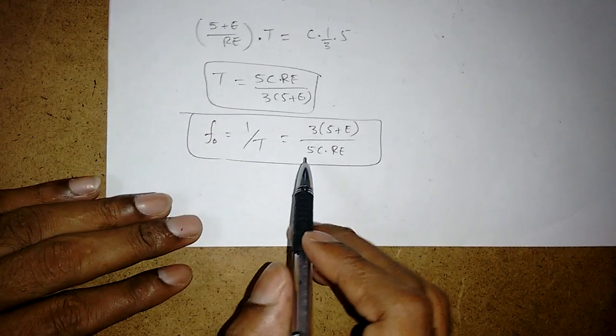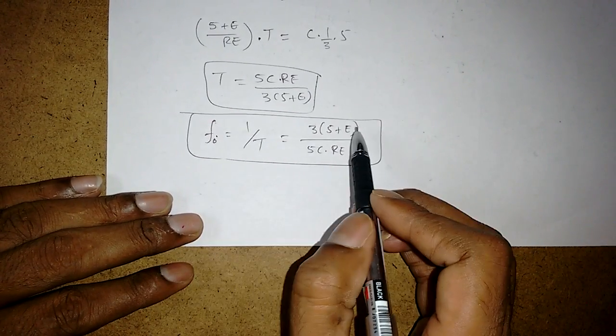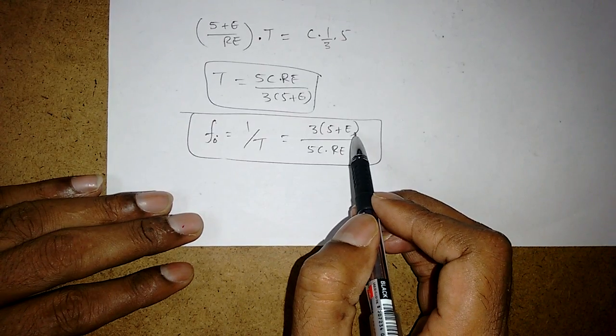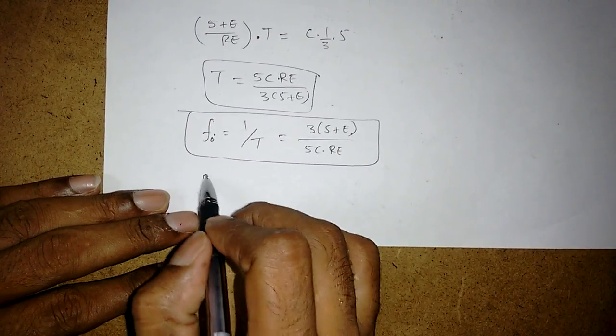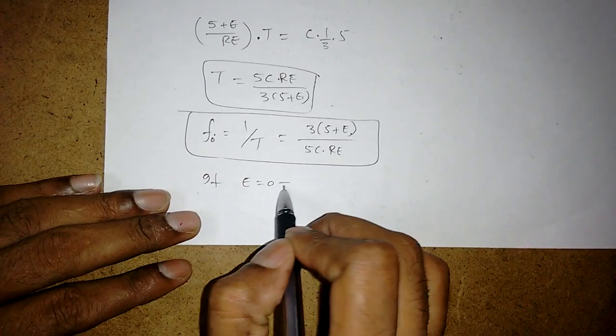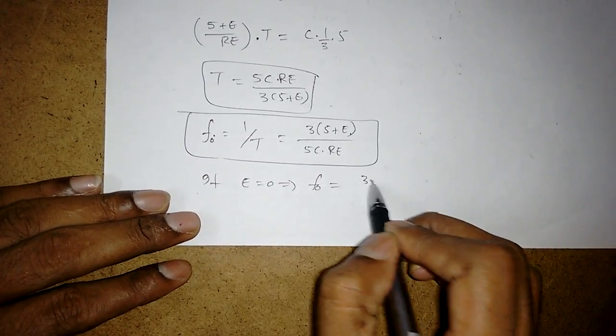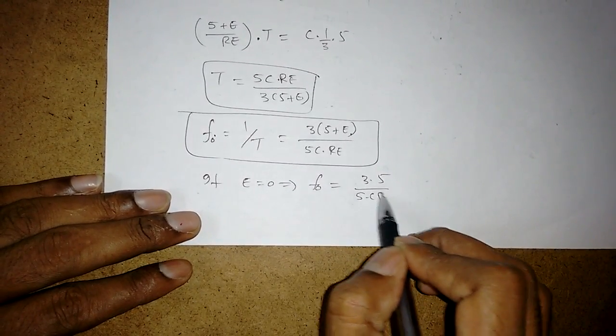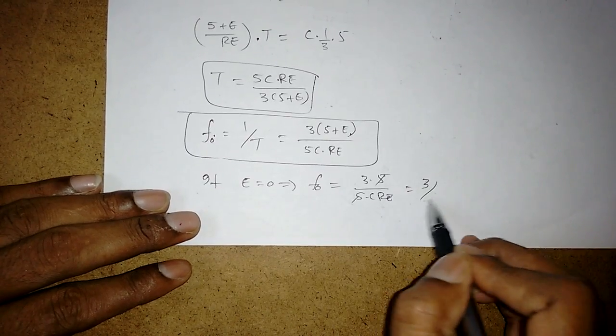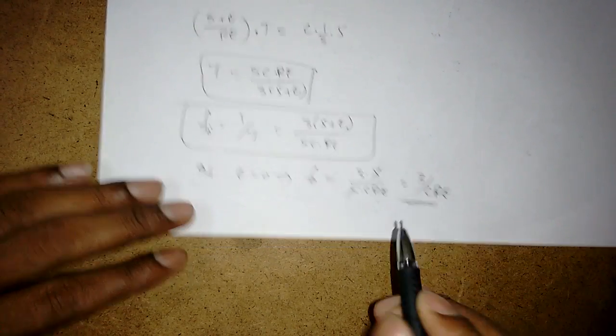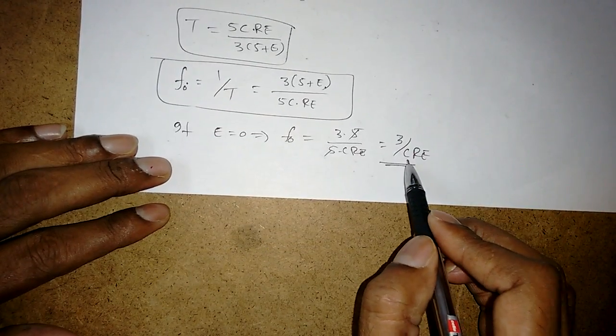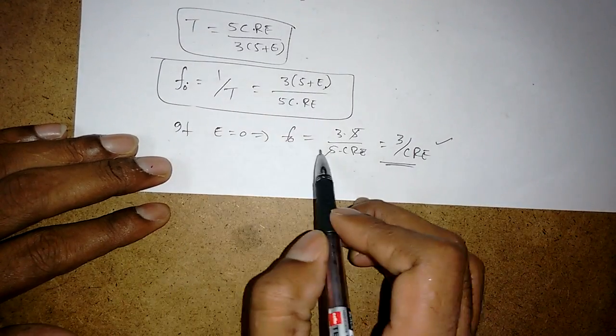Now we can say the output frequency depends on the input voltage E, right? Suppose E equal to 0, what is the output frequency? F naught is equal to 3 into 5 by 5C RE. So it is 3 by C RE. If you fix RE and C, there is a frequency of F naught.